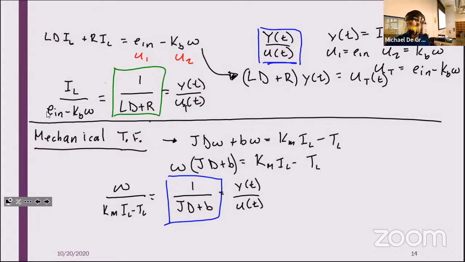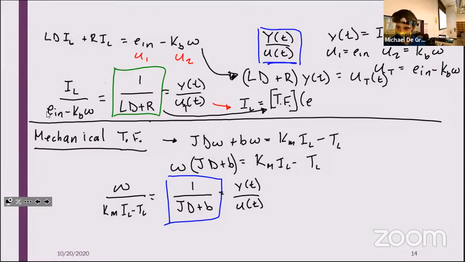Another way of thinking about this: I sub L has to equal my transfer function, the stuff that's in this block here, multiplied by E n minus K b omega.